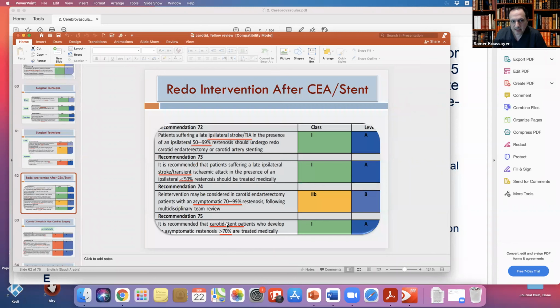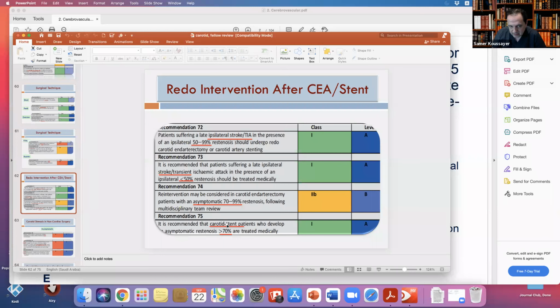If you have symptoms and 50 to 99% stenosis, then you have to redo the carotid or re-stent it. If it's usually less than 50%, they treat it medically. If the patient had a carotid endarterectomy and has asymptomatic 70 to 90% restenosis, they want a multidisciplinary team review to decide whether to do it or not.